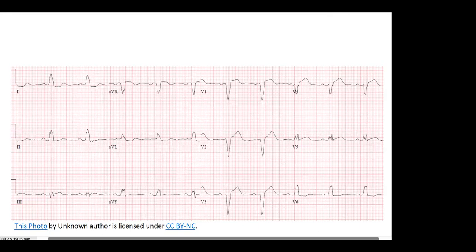The QRS is also widened, and then we don't have the Q. I'm not sure, it's not clear, but the Q is somehow not there. Right. So we have a sinus rhythm. We have probably also a left axis deviation.